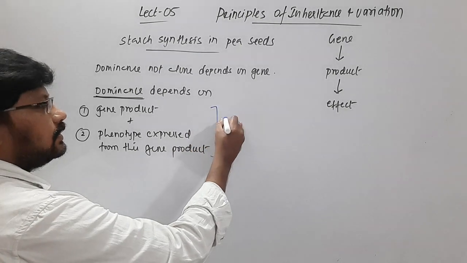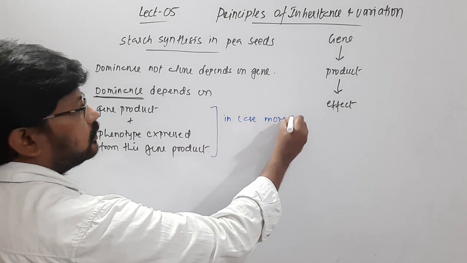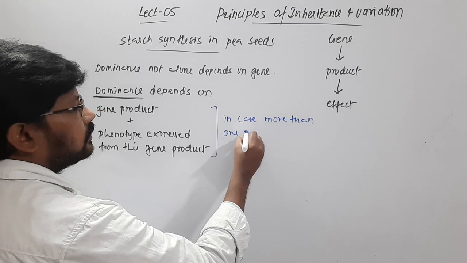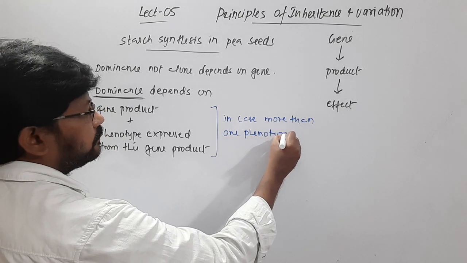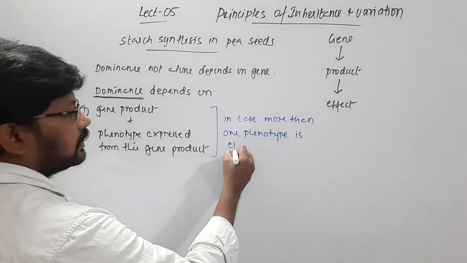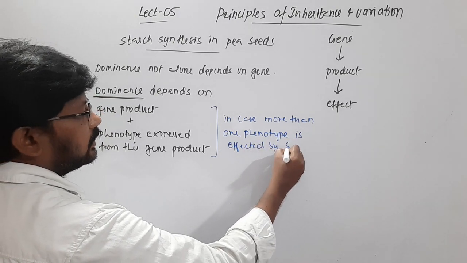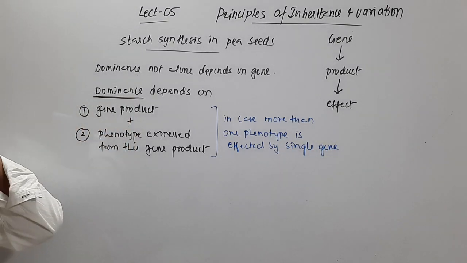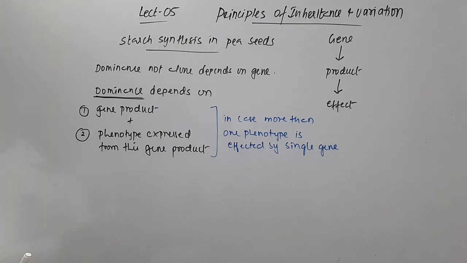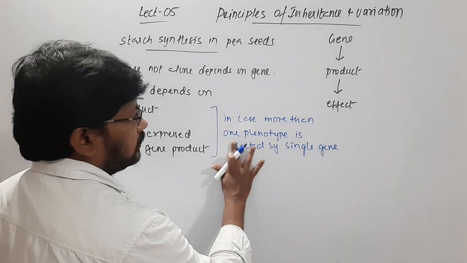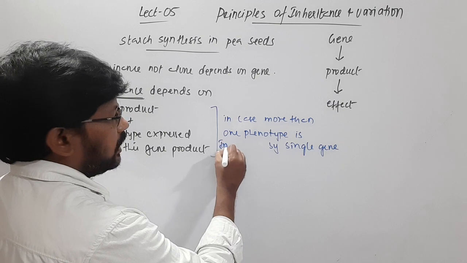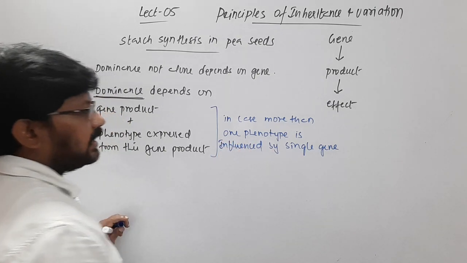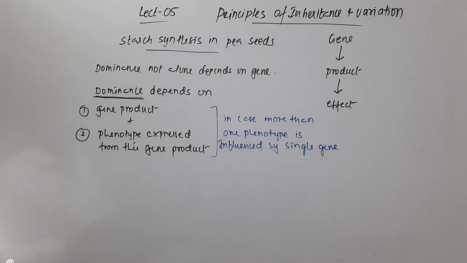And this is in the case where more than one phenotype is influenced by a single gene. So that's all about starch synthesis in pea seeds.